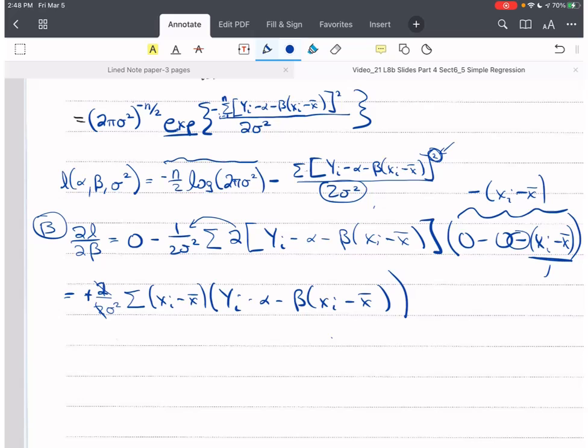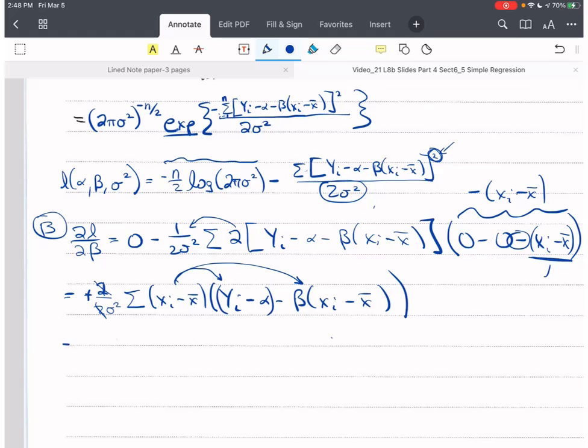So to do this, what I'm going to do is I'm going to distribute this. I'm going to group yi minus alpha together. And I'm going to distribute the xi minus x bar across these 2 different terms. I'm going to consider this one term and this another term.